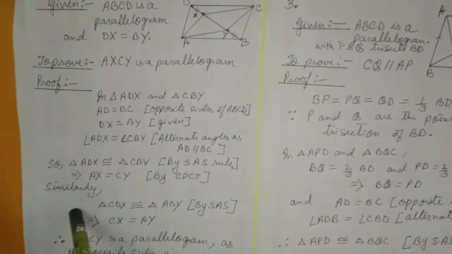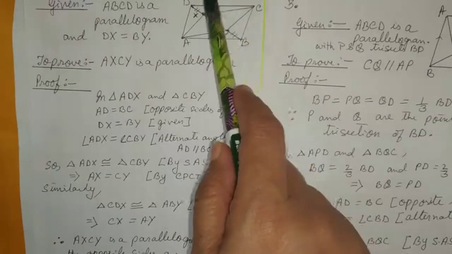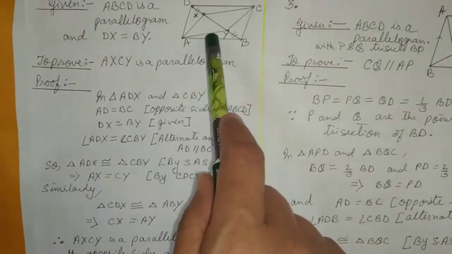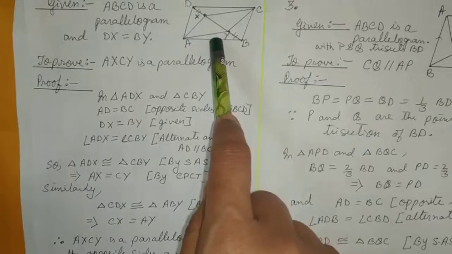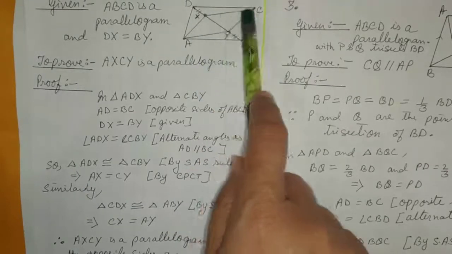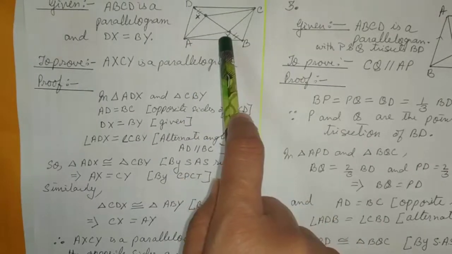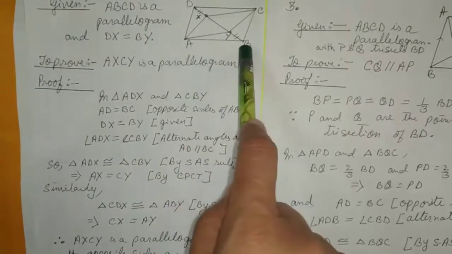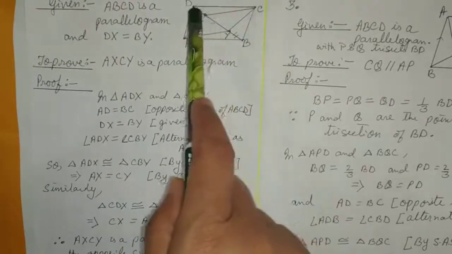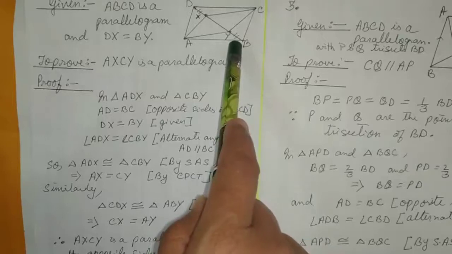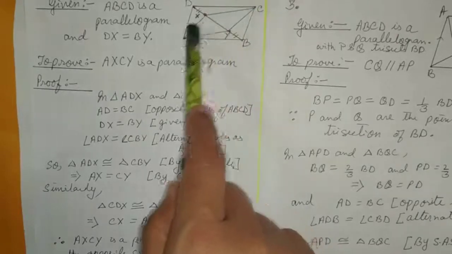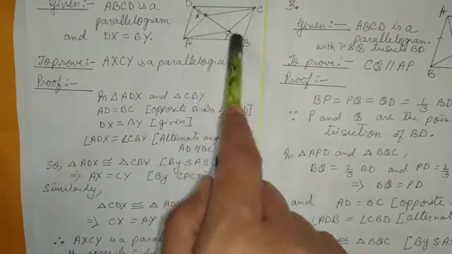Similarly, when we take the triangle CDX and the triangle ABY, we can prove that CX and AY are equal by CPCT. How? We know that AB is equal to DC. We know DX and BY are equal, given. We know that CDX is equal to YBA, interior alternate.